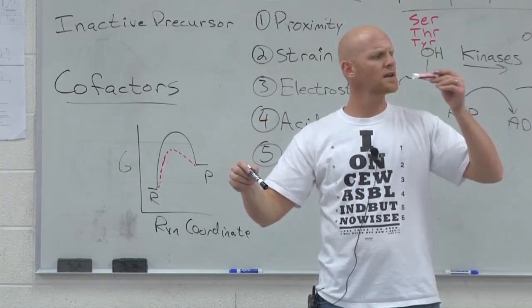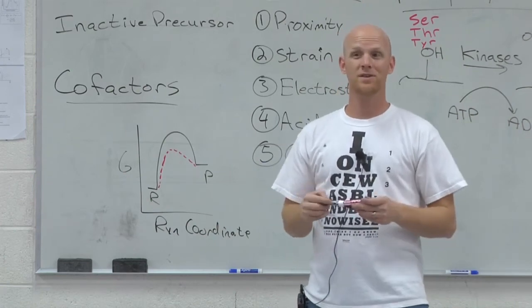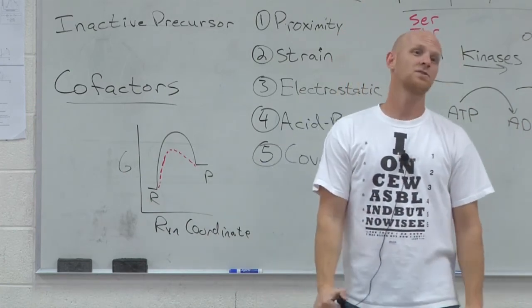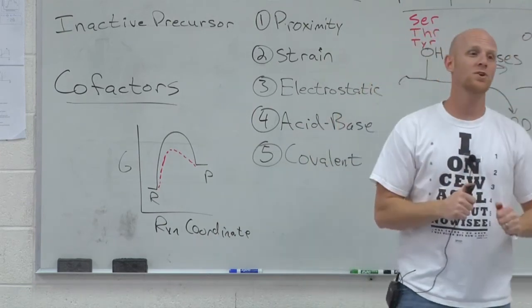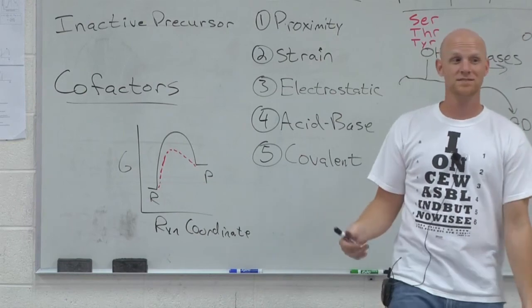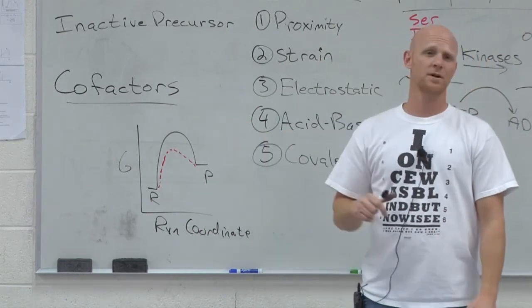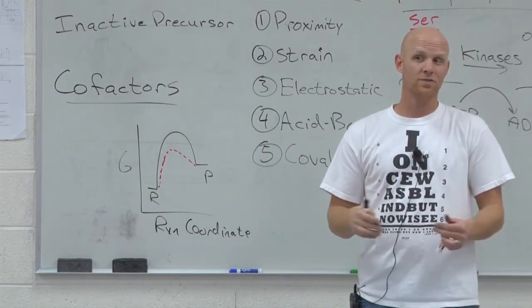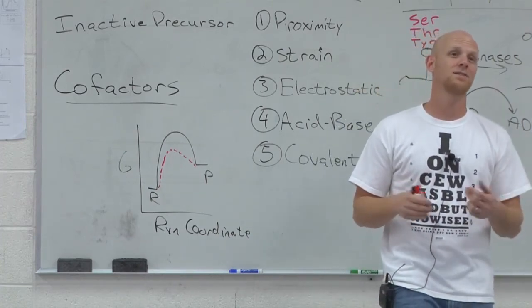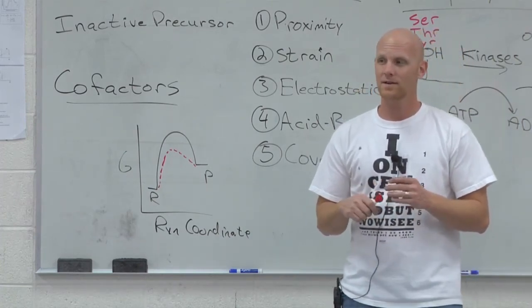I'm like, oh, kind of looks like a lollipop. And what kind of inhibitor might that transition state analog act as? Competitive. So I just wanted to bring that up way back at the beginning. I meant to mention that earlier, but we can make these transition state analogs. We have an idea of what those transition states look like. Sweet. I can make an inhibitor for that enzyme. I'll make a molecule that looks like what I think the transition state looks like, a transition state analog, and they act as competitive inhibitors.